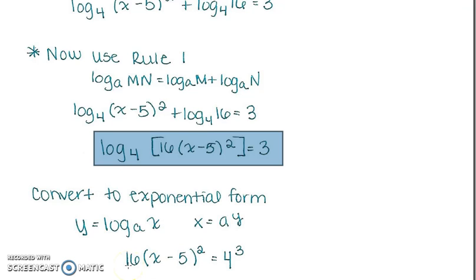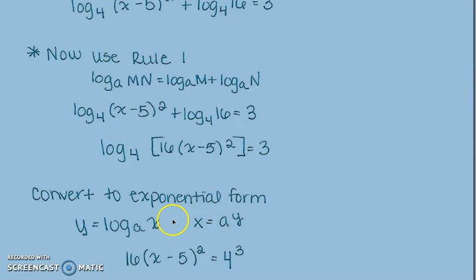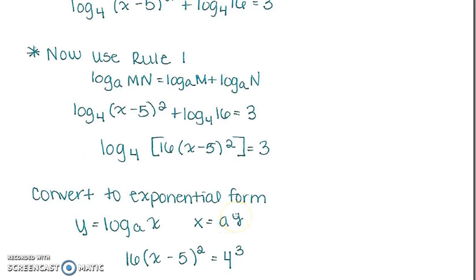If we look here, we have log base a, so 4 is our a, and that becomes our base here. Our y is what goes with the log, so that part is what it's going to be equal to, and the x is what it was equal to. Then our y is our exponent.